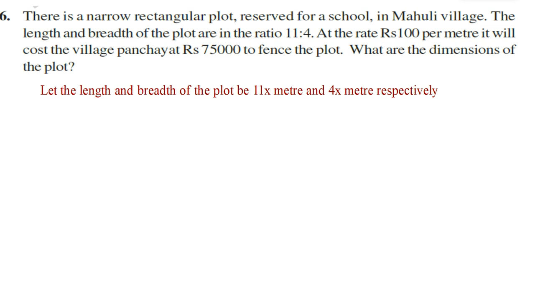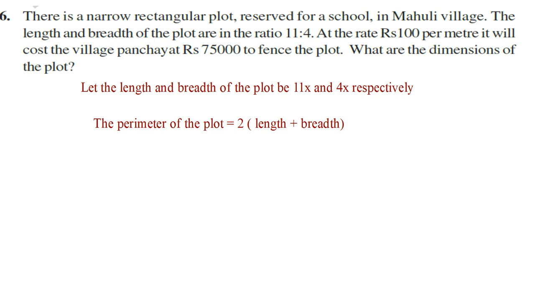Now, what's the formula to find out the perimeter of a rectangle? Yes, it is 2 into length plus breadth. So we can write the perimeter of the plot is equal to 2 into length plus breadth. Now, instead of length you can write 11x and instead of breadth you can write 4x.